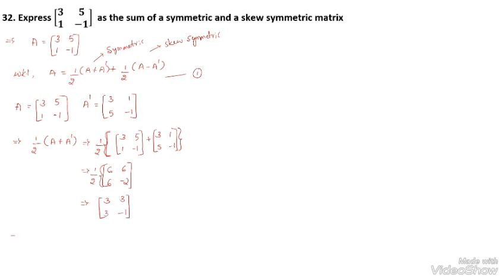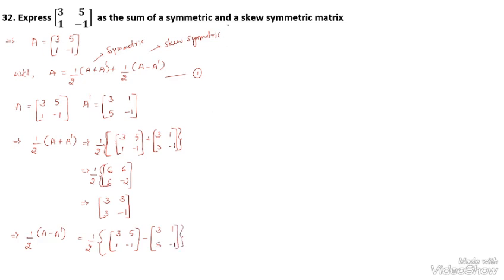Again, I take the other part, the skew symmetric part. That is 1 by 2 of A minus A transpose. Now 1 by 2 of the A matrix containing the elements 3, 5, 1, minus 1, minus 3, 1, 5, minus 1.